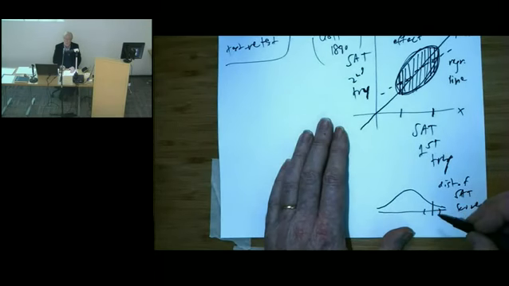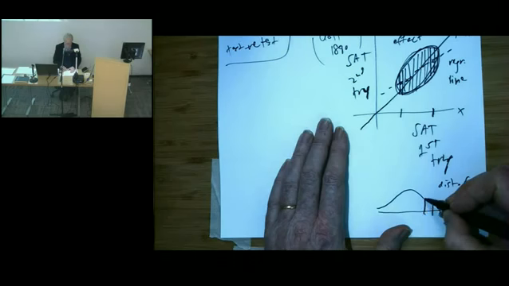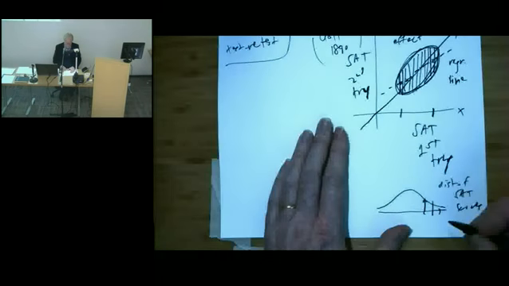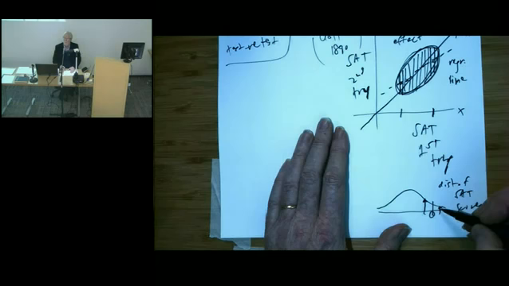Now, I give you an option. Looking at the height of the normal curve at this end of things and the height of the normal curve at this end of things, is it more likely that the person actually was even better than the person appeared but got unlucky on the low side the first time? Or is it more likely that the person actually is a little worse than that and actually got lucky on the high side?